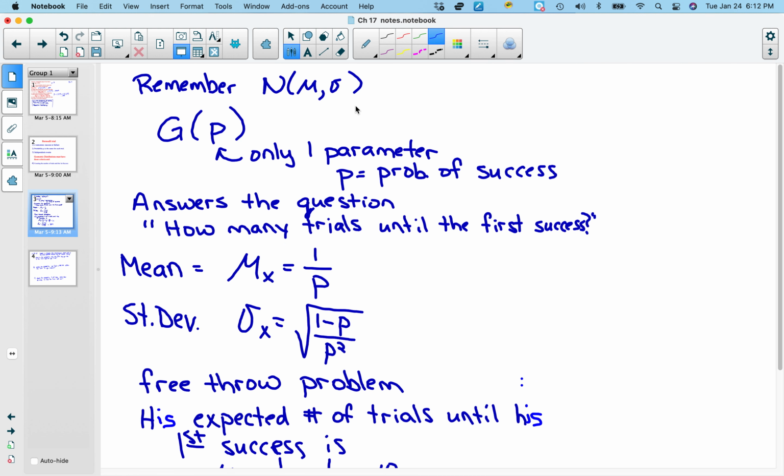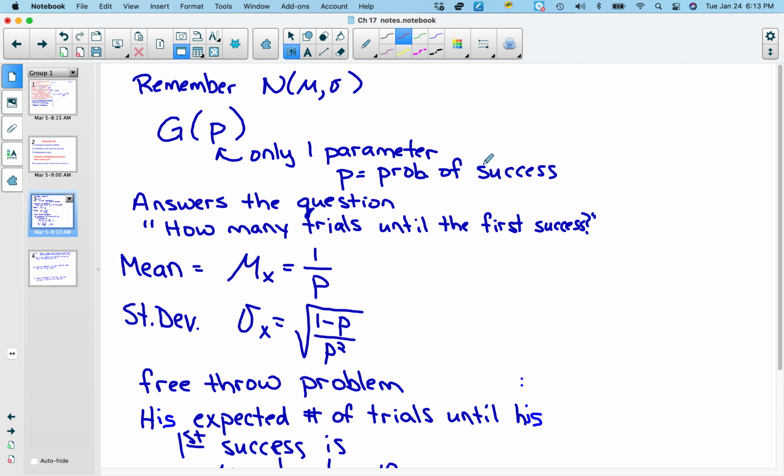If you remember, and we actually just talked about this in class yesterday, the parameters for a normal model are the mean and standard deviation, and that is understood in the notation of a normal model. For a geometric distribution, we use a G. There's only one parameter, and that parameter is P, the probability of success.